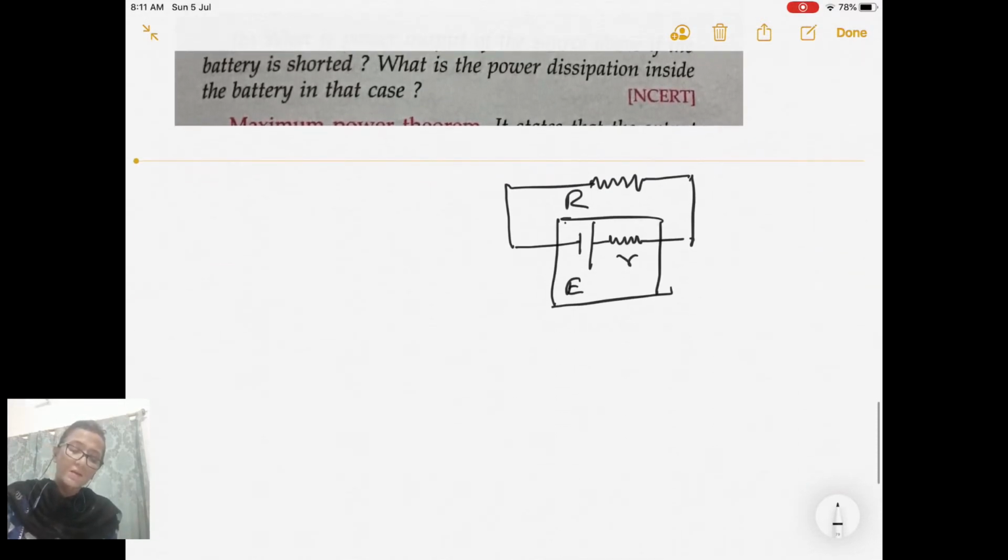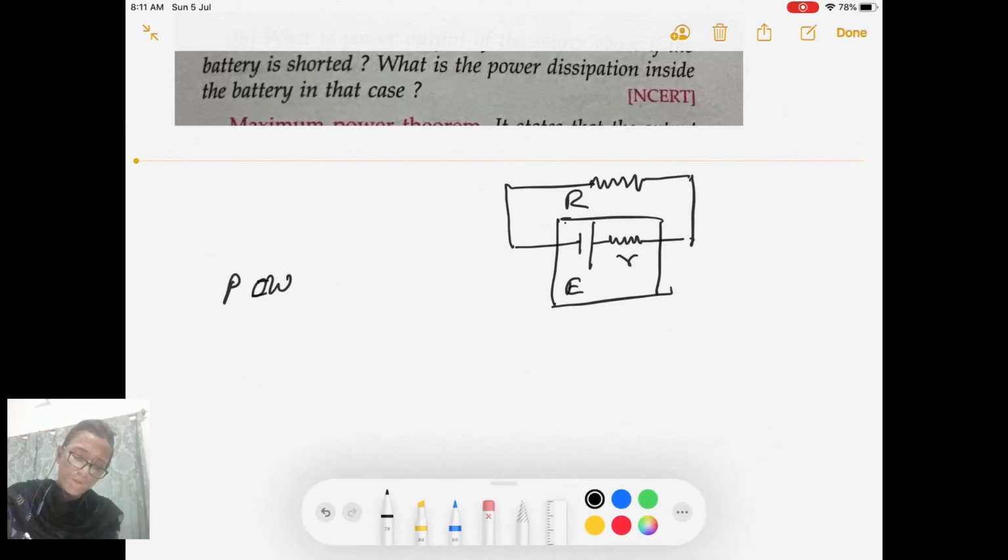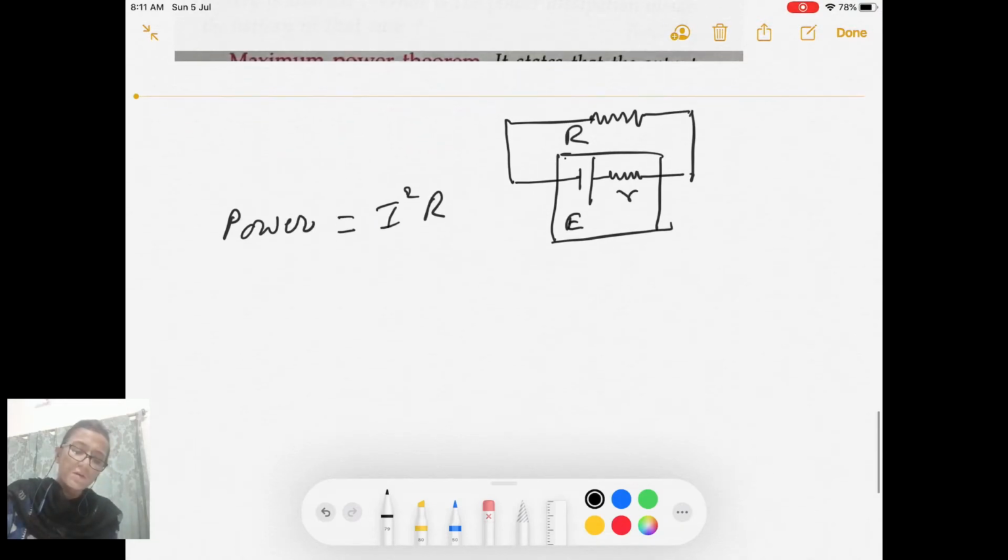Okay, so power is equal to I square R. Now I is equal to EMF upon R plus internal resistance.